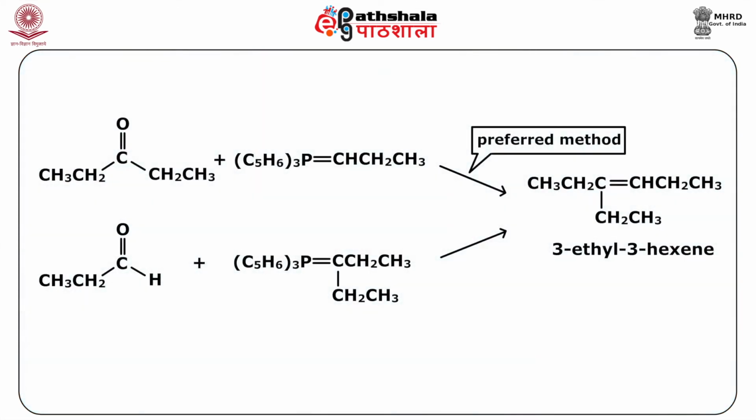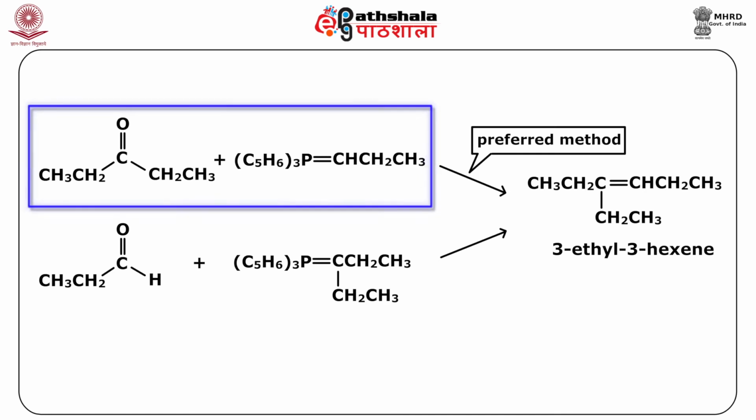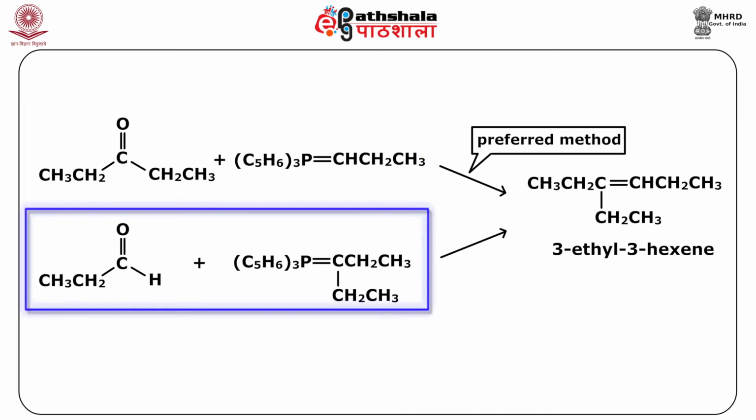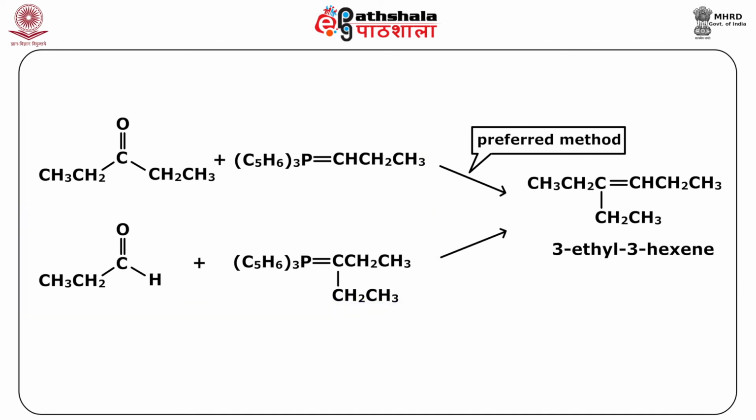For example, for the synthesis of 3-ethyl 3-hexene, as you can see, these are the 2 possible routes. It is better to use a 3-carbon alkyl halide for ylide formation and a 5-carbon carbonyl compound, which is depicted here by route 1, as compared to the other possibility, which is shown here as route 2, wherein a 5-carbon alkyl halide is used for ylide formation and a 3-carbon carbonyl compound is used along with that to give the Wittig reaction.